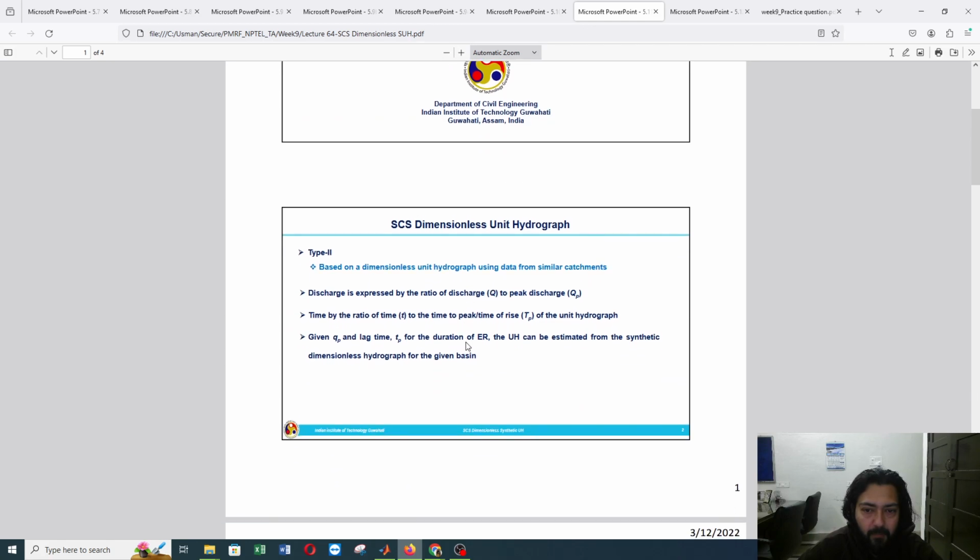Here we are going to express discharge as the ratio of discharge to peak discharge, and the other term is the ratio of time to time of peak, that is T by TP, and using these two values we are going to derive QP and TP.